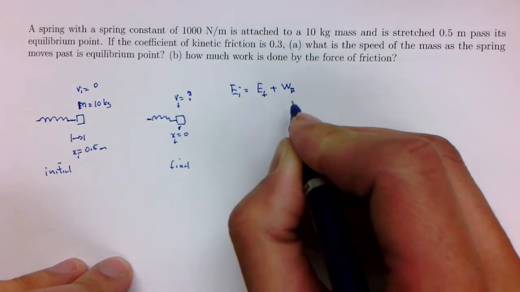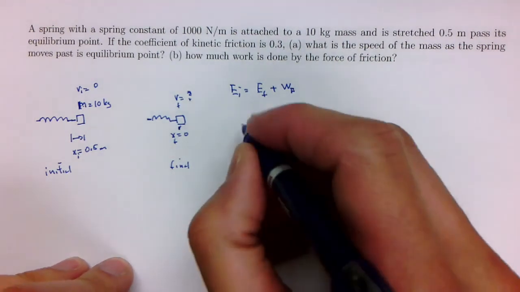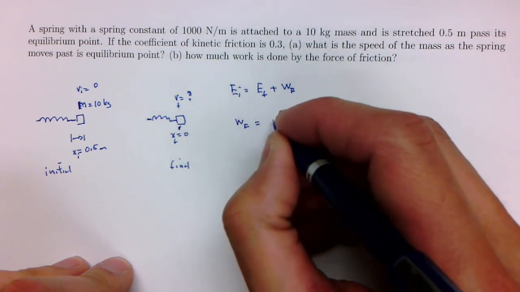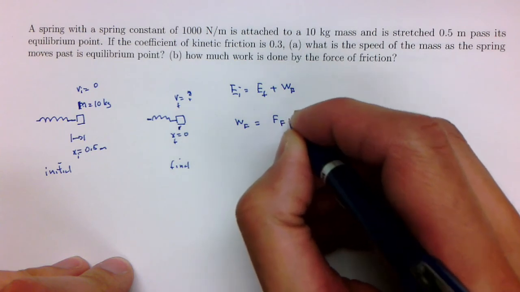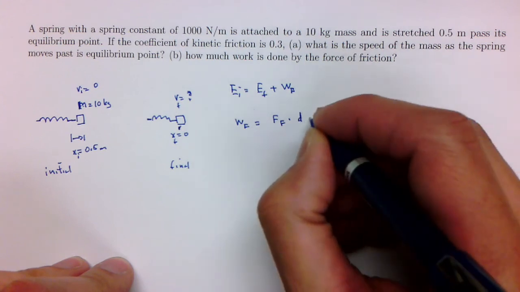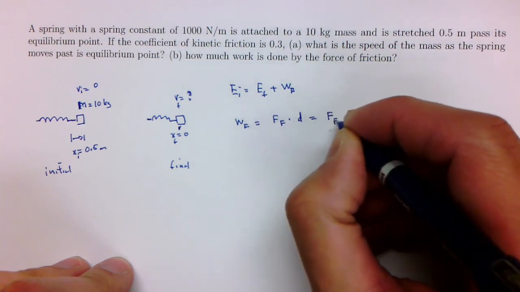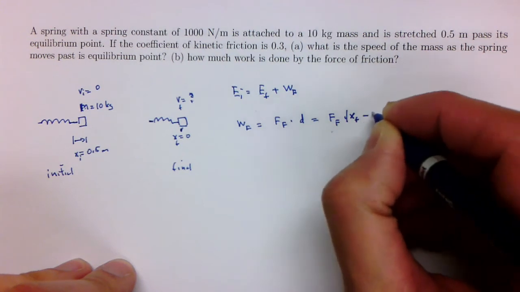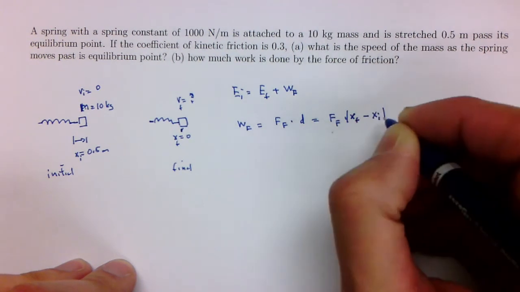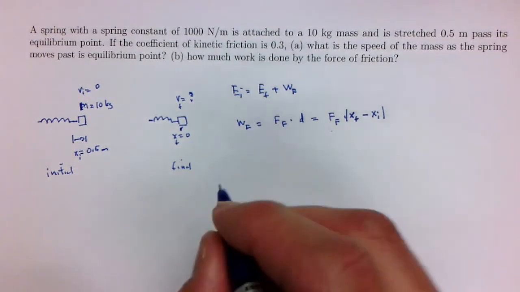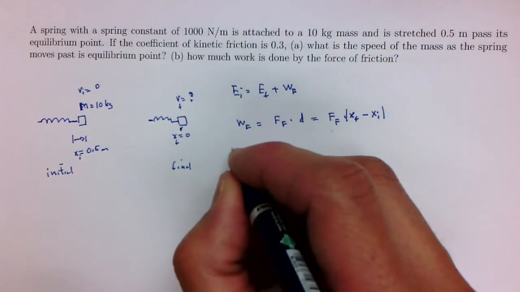I like to know this as W sub F. The work due to friction is just going to be equal to the force of friction times the distance, which in this case is just going to be the absolute value of x final minus x initial, because I just care about the total distance traveled.